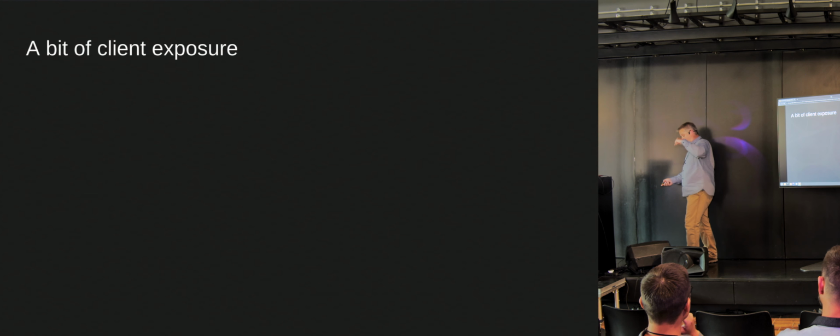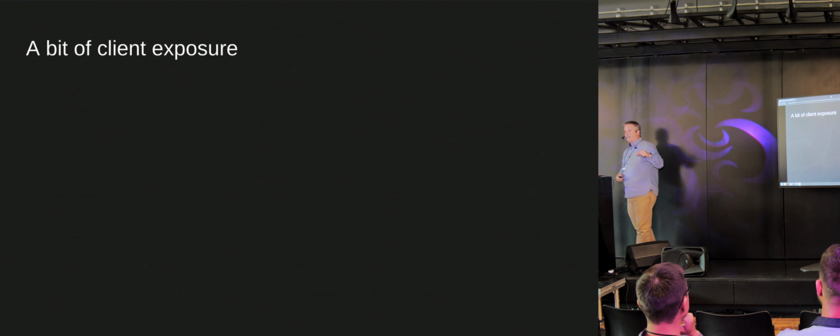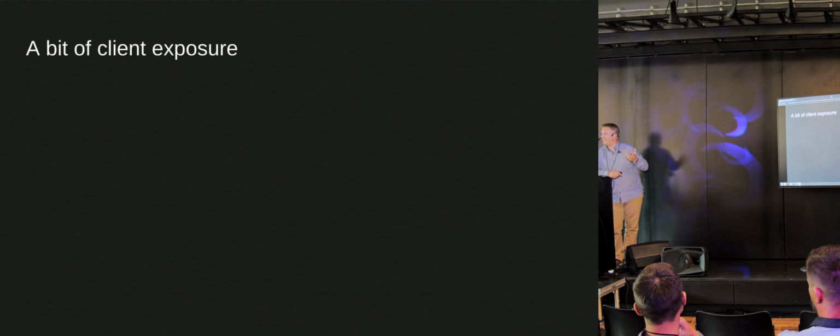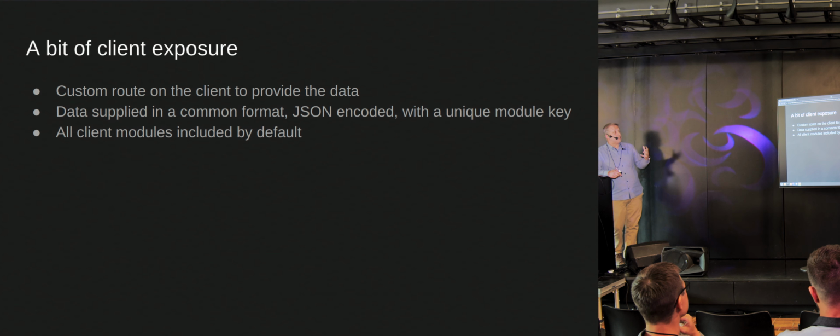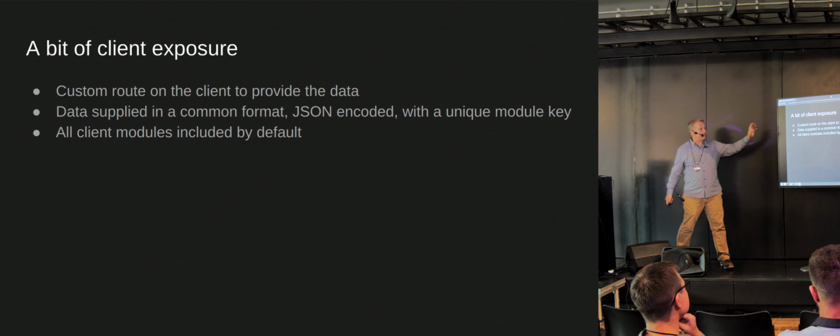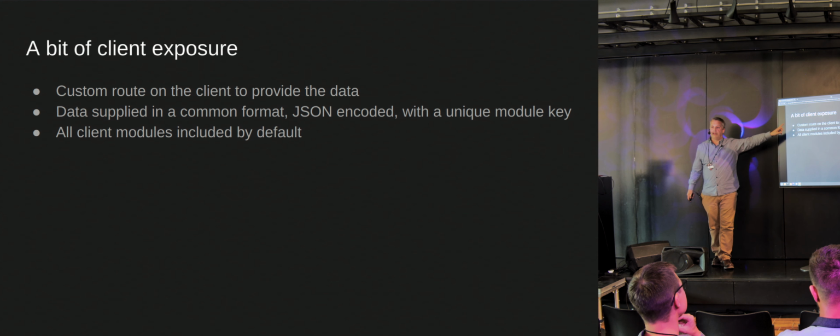That meant we had to go back to the client code again, and we had to put some mechanisms in there to allow the server machine to get that data. So when the client module is installed, it creates a custom route on that machine to obtain the data.